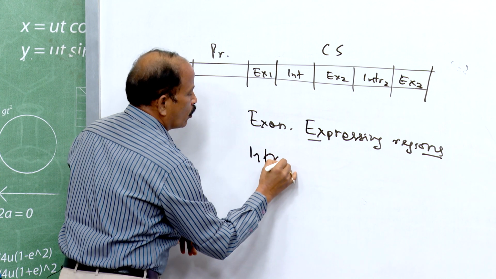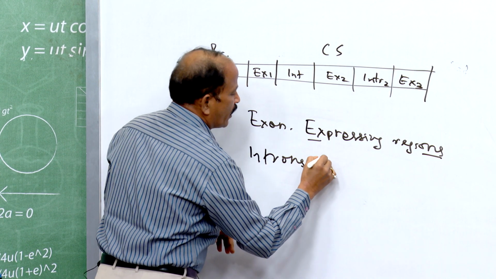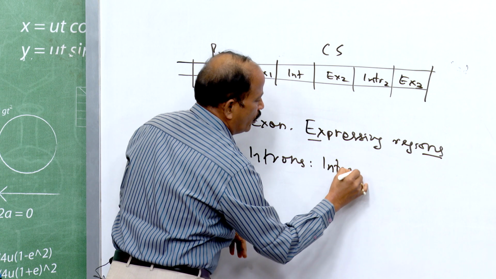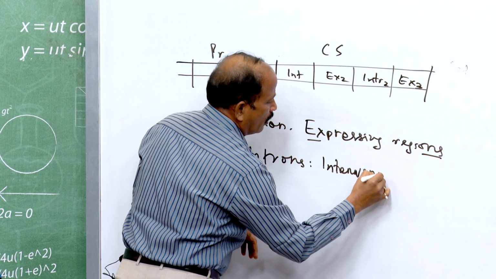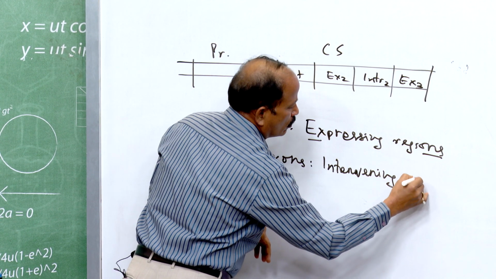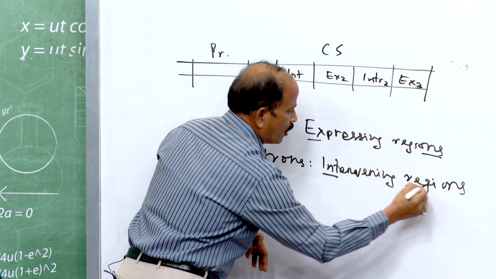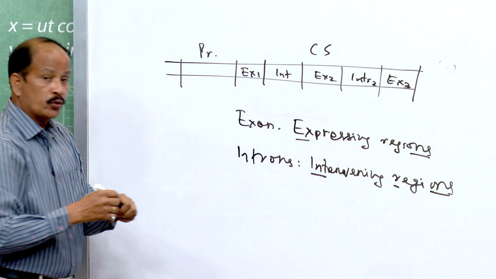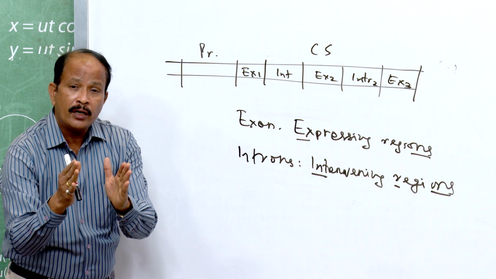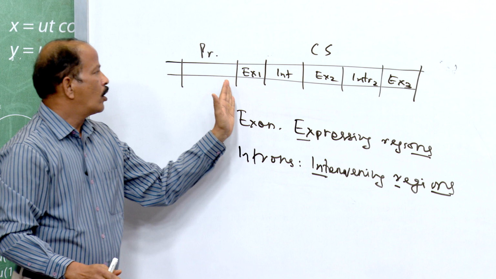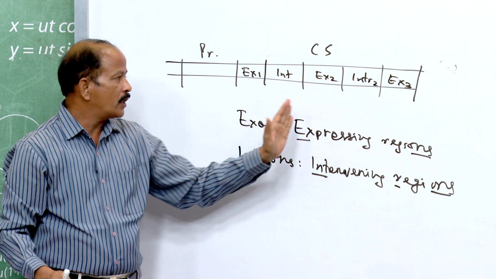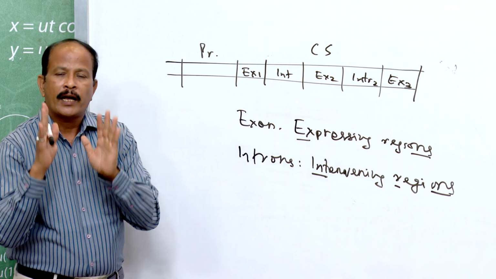Introns, where does the term come from? These are intervening regions. So, from these two terms, introns intervene in the continuity of the coding sequence. That is why they are called introns.